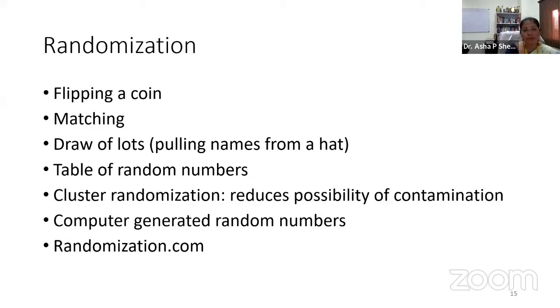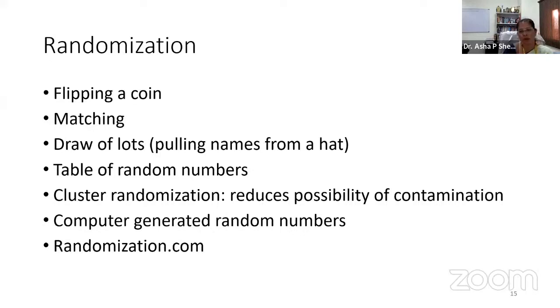When we do matching, we need exactly the same, a 40-year-old who already has 5 children. So we need an exact matching. But this is one of the methods of randomization. Draw of lots: we can put all the participants' names or numbers in a hat and take out the names, like a lottery method.